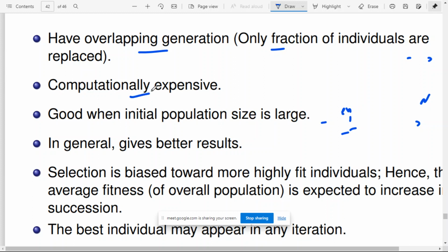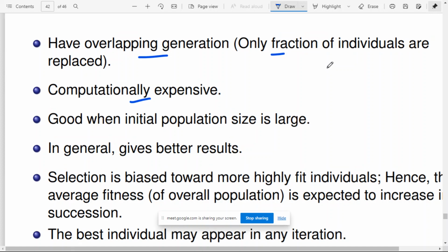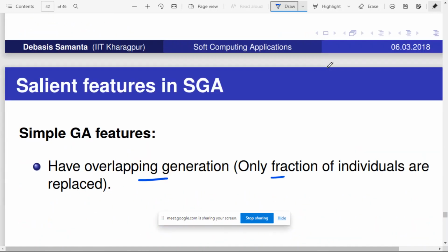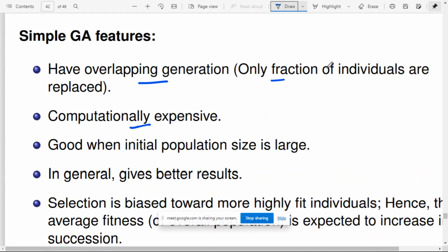It is computationally expensive because we have to perform so many operations. You have to identify NP individuals, and for all the NP individuals you have to perform crossover, mutation, and inversion.